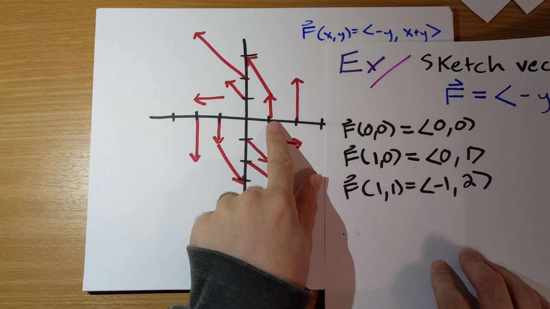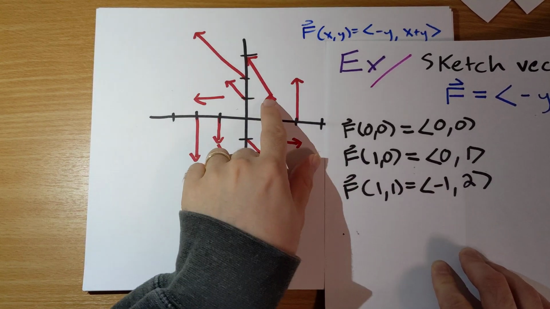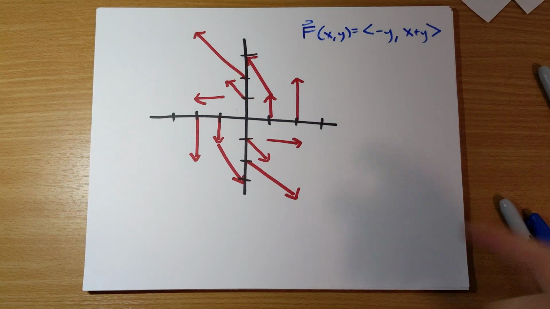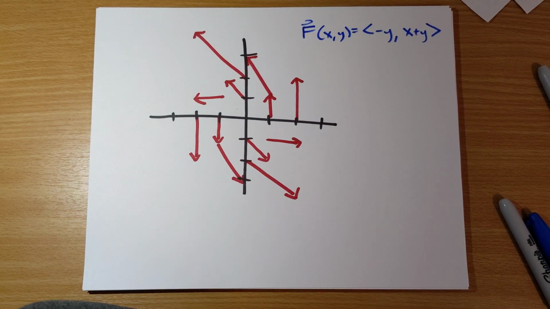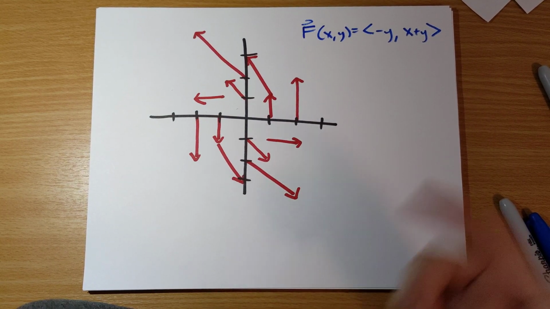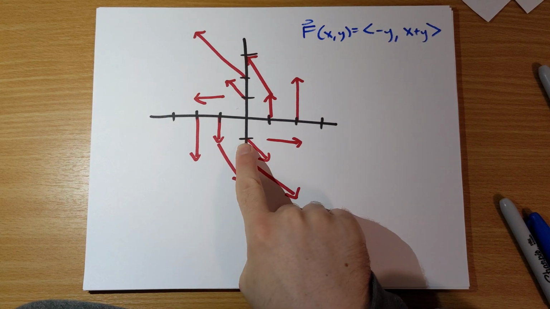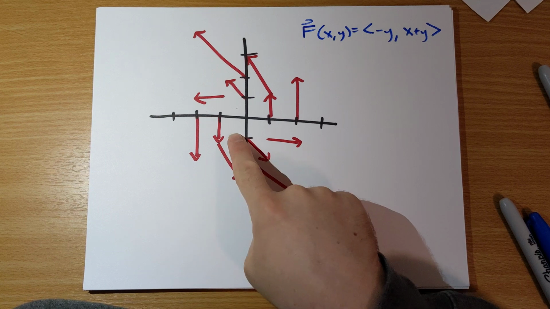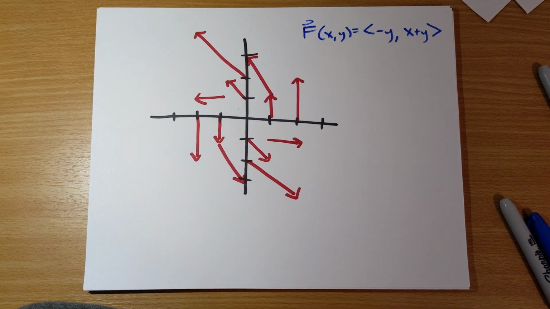F of 1, 0 is 0, 1. F of 1, 1 is -1, 2. You can keep reading off as many of them as you want to. For example, f of 0, comma -1 is 1, -1. Okay, so this is a picture of a vector field.